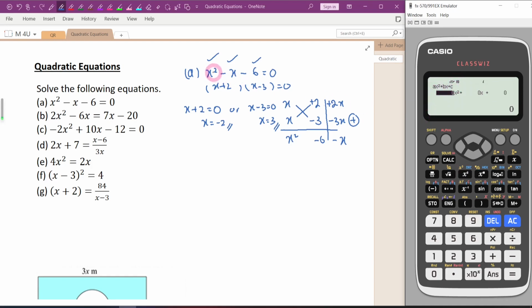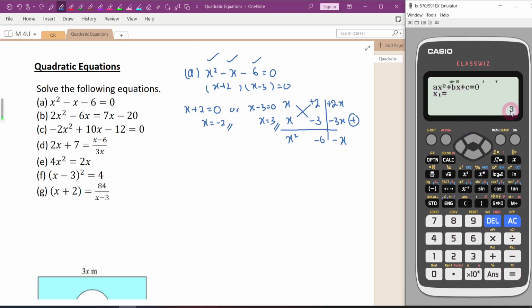Now, what do we need to do? Just key in the coefficients. Here, you don't see anything, it means 1. Key in 1, press equal. Negative 1, equal, negative 6, equal, and equal again.